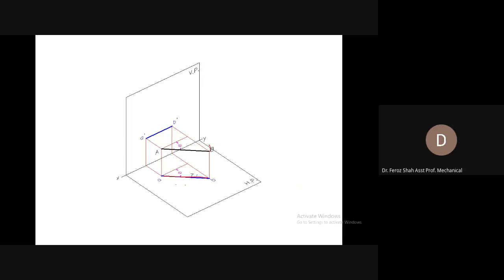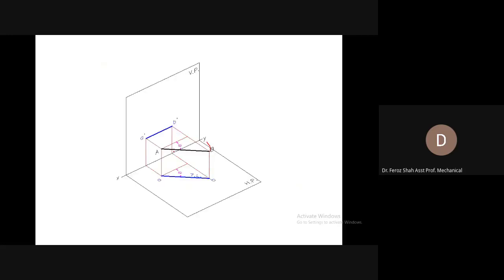And by moving this end towards end A, or towards the vertical plane, by decreasing the angle phi, you would increase the length of the front view. Eventually, when you decrease phi to zero, or make the line parallel to the vertical plane, the front view will be exactly equal to the length of the line.